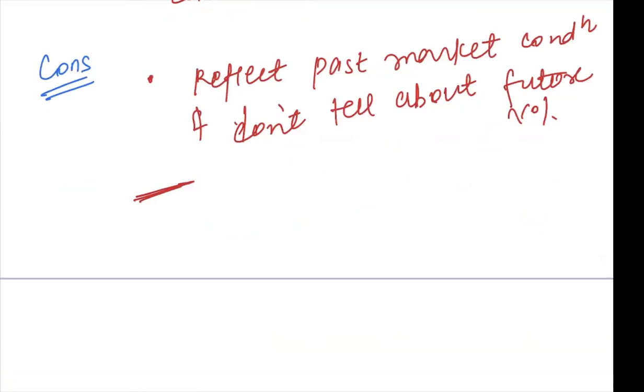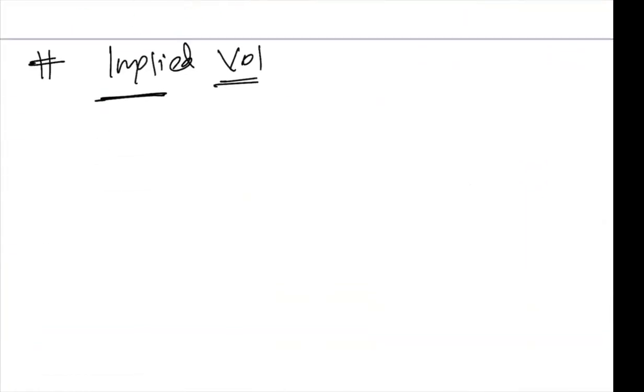Now the second is implied volatility. These are two types of volatilities that can be incorporated in your Black-Scholes model. We saw historical was backward looking, in which we had the prices and were deriving the volatility based on those prices.